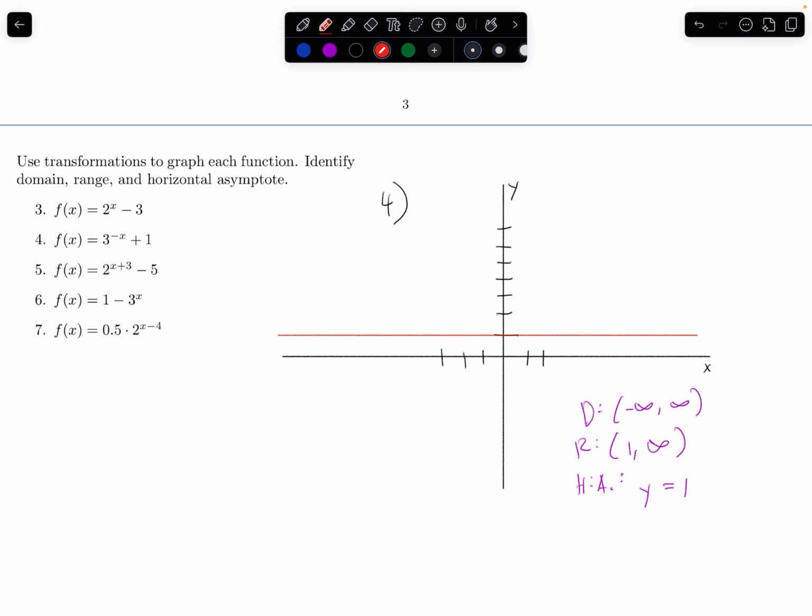This picture, something like this. So originally I was at 0, 1, now I'm at 0, 2. And then negative 1. And what was that, 4?